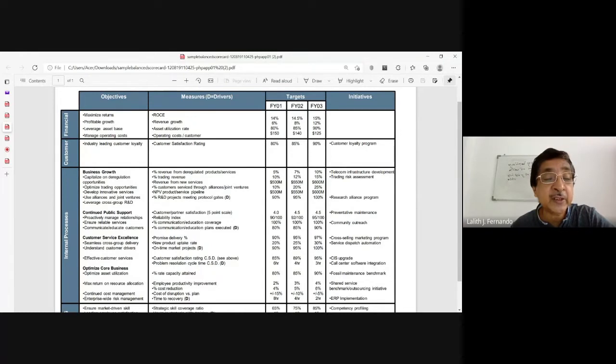Proactively manage relationships. So continued public support is the heading. It's a type of process which you should follow in your organization. Proactively manage relationships means you have to do it with a futuristic mindset. Ensure reliable services.